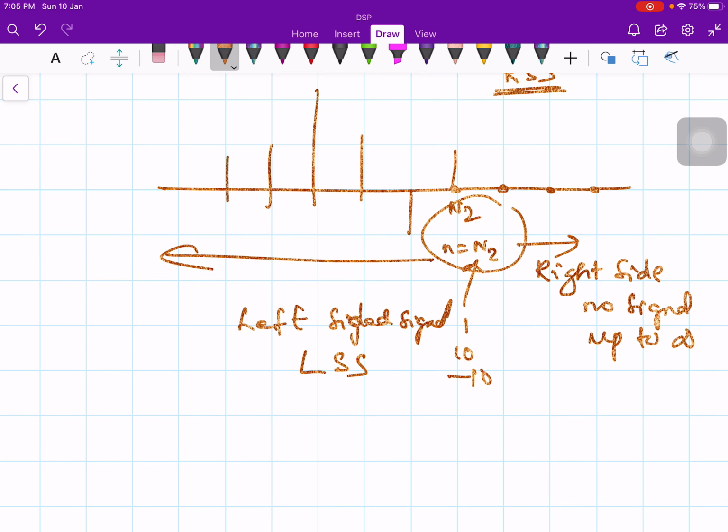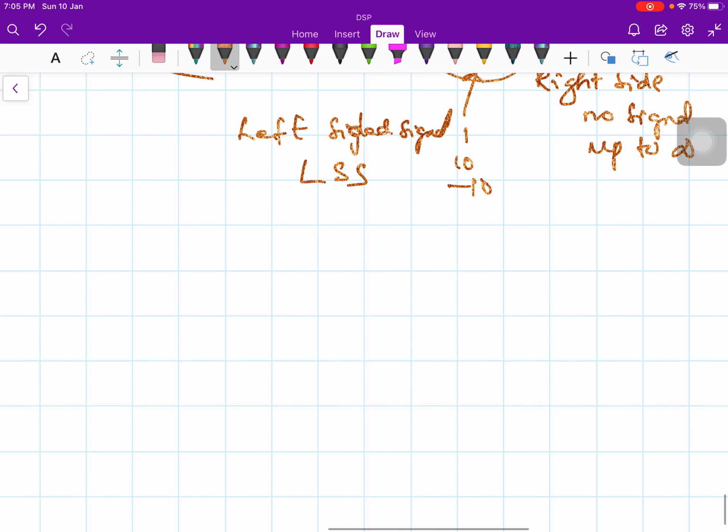Okay, sometimes a signal can be a combination of left-sided and right-sided, provided it is what length? If it is a finite length, you can always treat it as a right-sided and a left-sided signal. If it is infinite length, then obviously it is a combination of right-sided and left-sided signals.